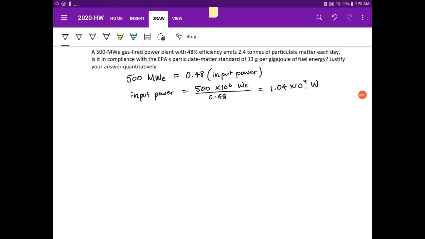out each day. So we want to convert this power into an amount of energy that would be produced in a day.